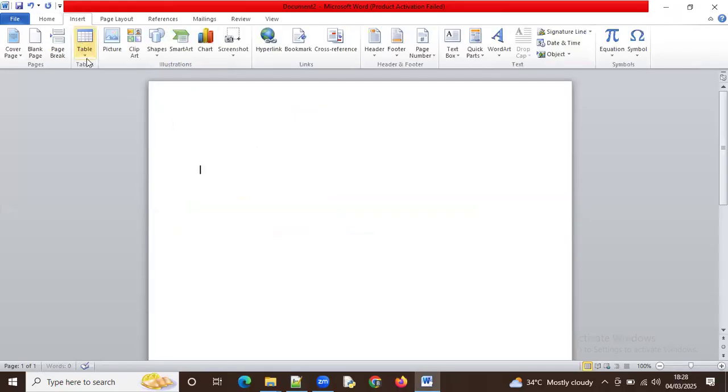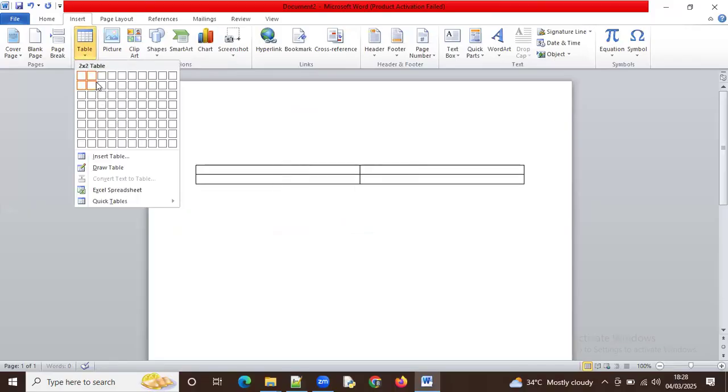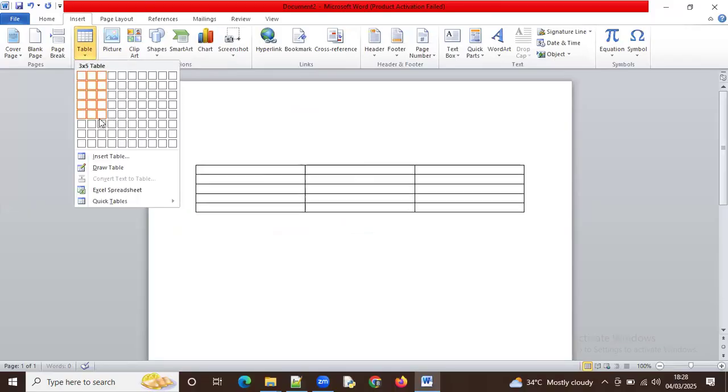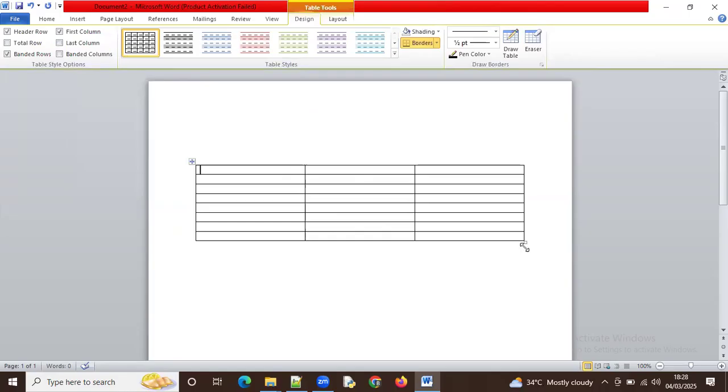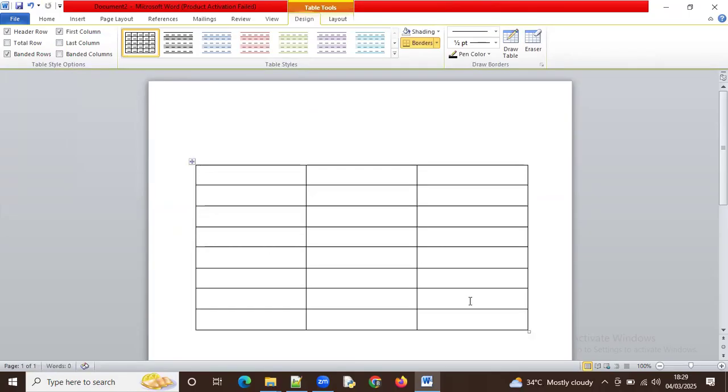So I'm taking one table. This is the serial number.